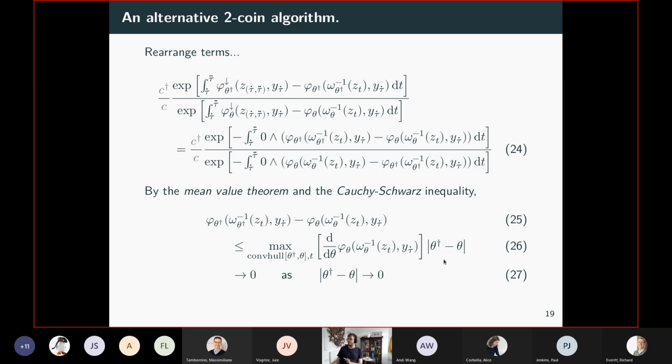So here we have to use a very large step to traverse the entire posterior. And so the path integrand is going to be fairly large, which as a consequence leads to fairly small coin probabilities both in the numerator and the denominator. And again, as a consequence, the two-coin algorithm tends to take a long time to terminate.